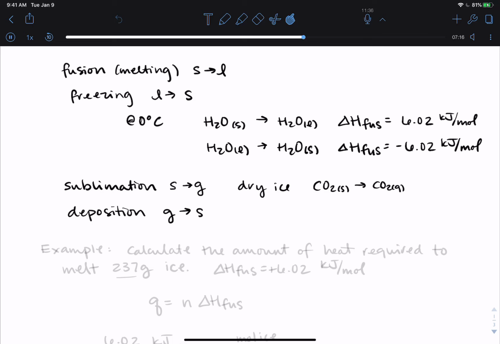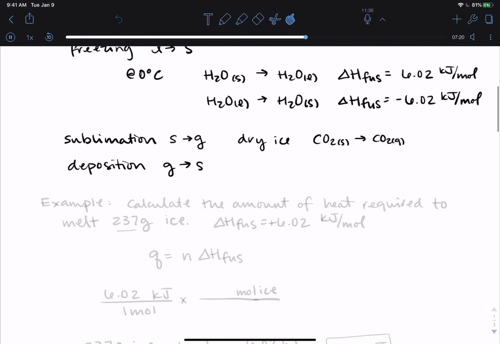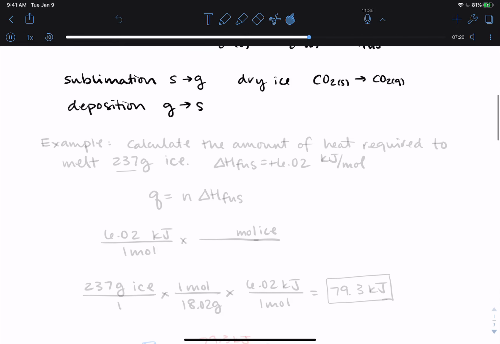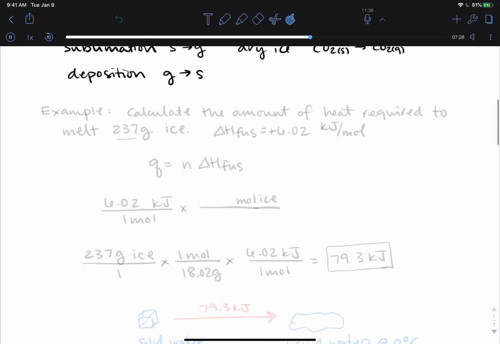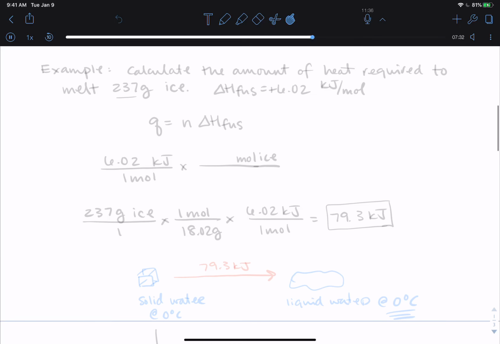And two, it gives us a clue about what the equation might look like to figure out how much heat needs to be put in or how much heat is given off when something freezes or melts or evaporates or condenses. As an example, let's just do a quick one. Sometimes you will see that these come with equations and sometimes they don't.